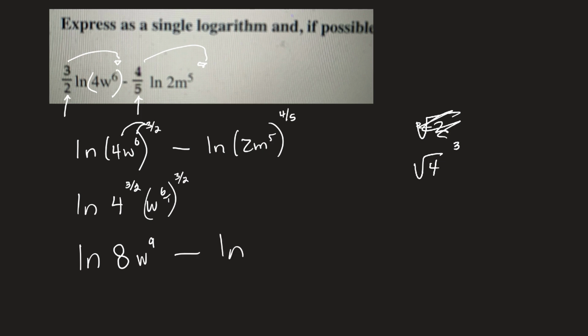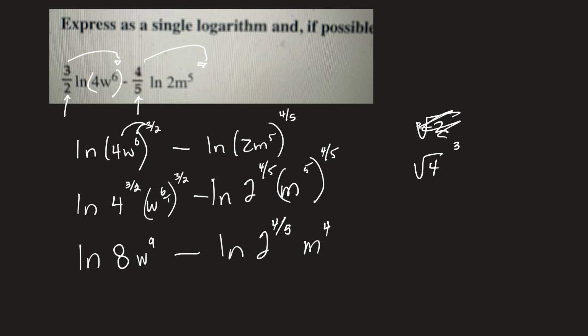Minus ln of 2 to the 4/5. Oh, I should do that up here. Minus ln of 2 to the 4/5, and m to the 5th to the 4/5. So it'd be ln of 2 to the 4/5, m to the 20 over 5 would be 4.